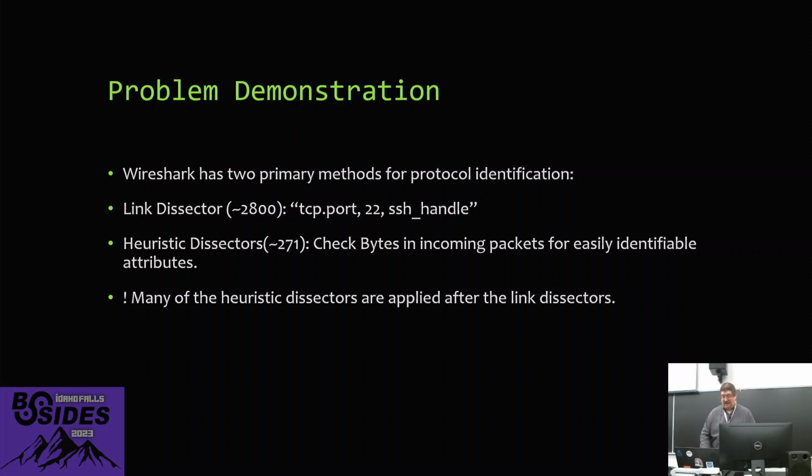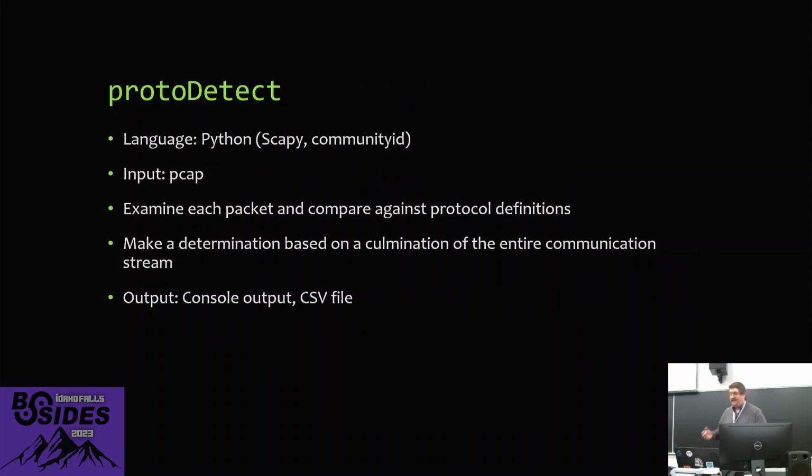So identifying this as a problem, I developed Protodetect. It uses Scapy, which is a library that helps parse network traffic. And it also uses Community ID, which is a library that's put out by Zeek or Corelight or Bro, that basically takes the source and destination IP addresses and the ports, and creates a value for those.